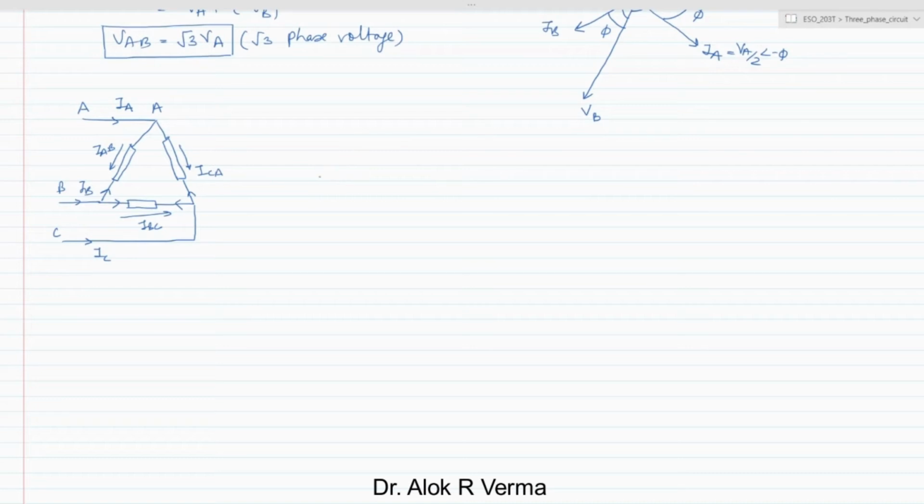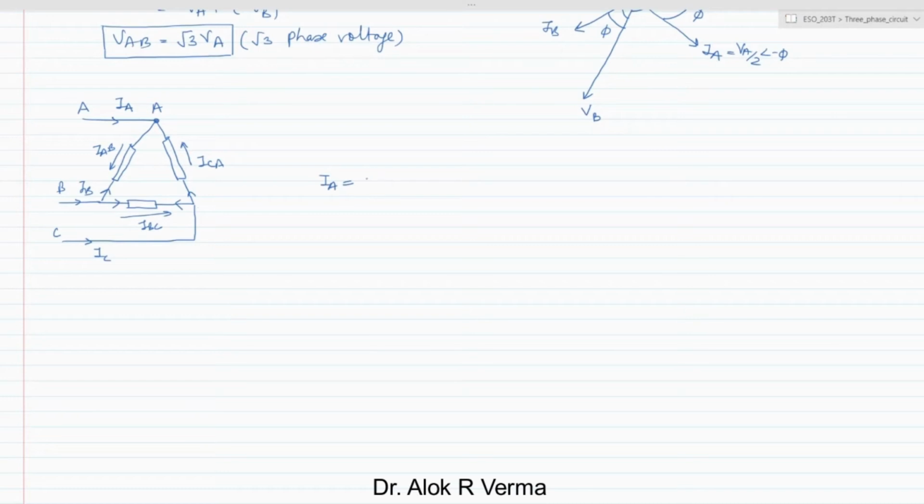So now let us see IAB. For the line current IA, apply KCL at this node. We have marked the direction in the wrong way, so what we can do is have this current ICA in this direction just to have symmetry.